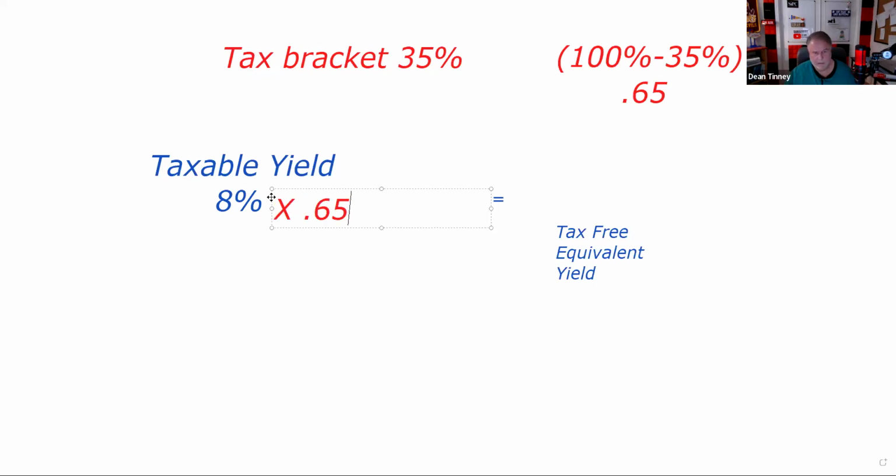And so now we do the math. I say in your tax bracket, getting 8 after you pay taxes, let me get my calculator. I'm going to take 8 and times it by 0.65. I say in your tax bracket, getting 8 and paying taxes is the equivalent of getting 5.2 tax-free.